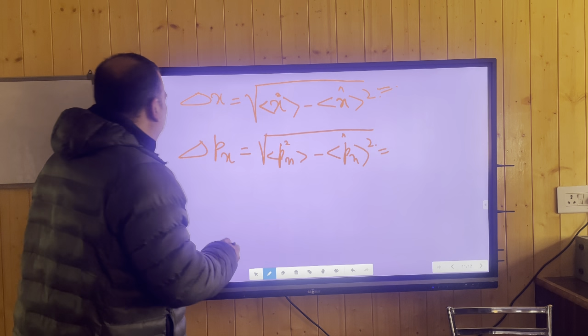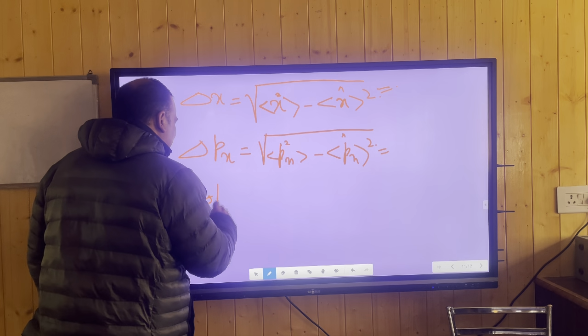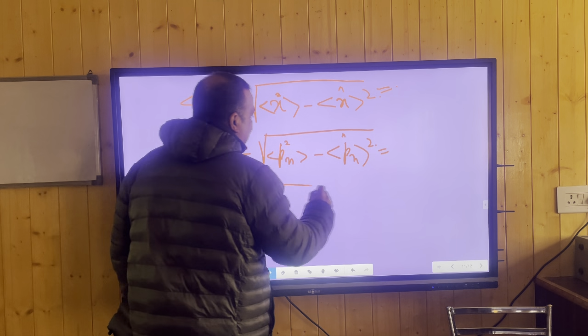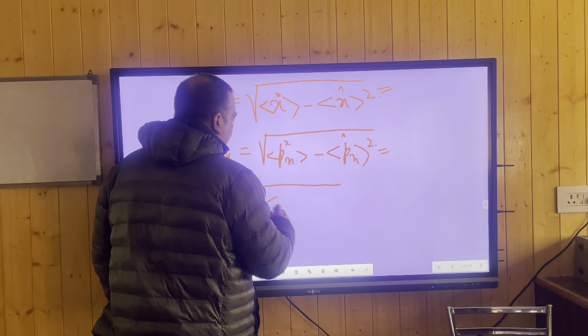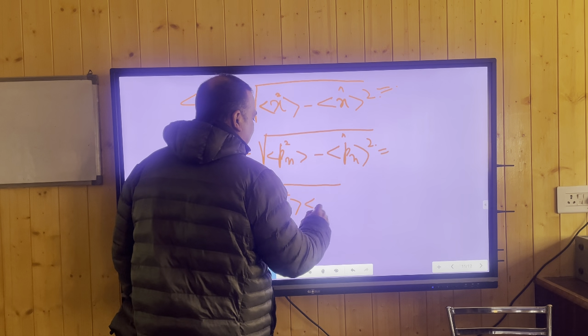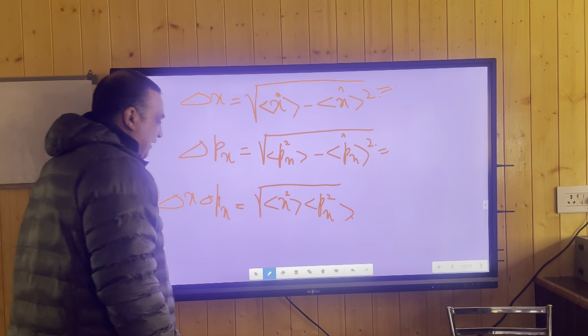So what we can do now is multiply these two, delta x and delta px. What will that lead us to? That will lead us to the under root of x squared times px squared. And this will be the outcome.